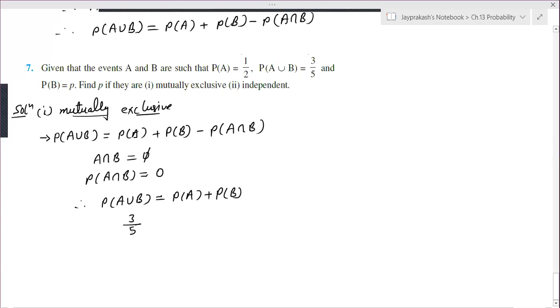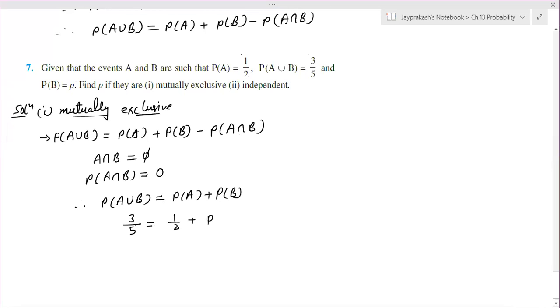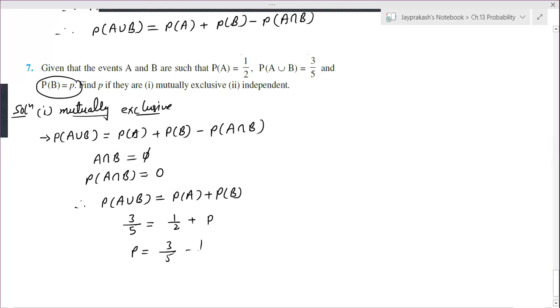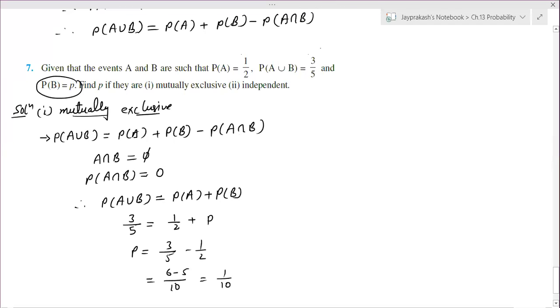So we have union 3 by 5. P of A is 1 by 2 and P of B is given here as P. So the value of P is 3 by 5 minus half. It's 1 by 10.